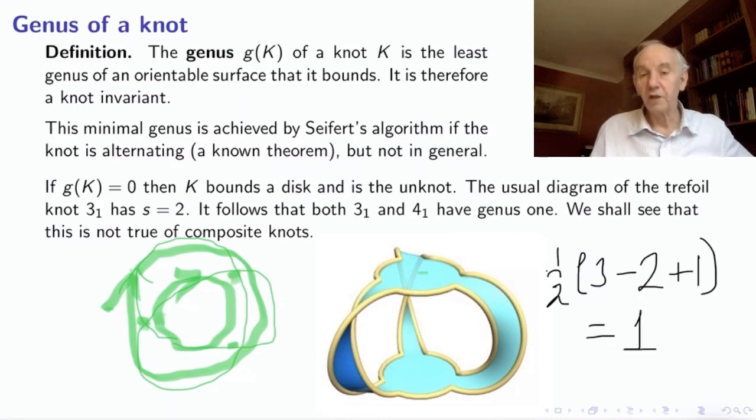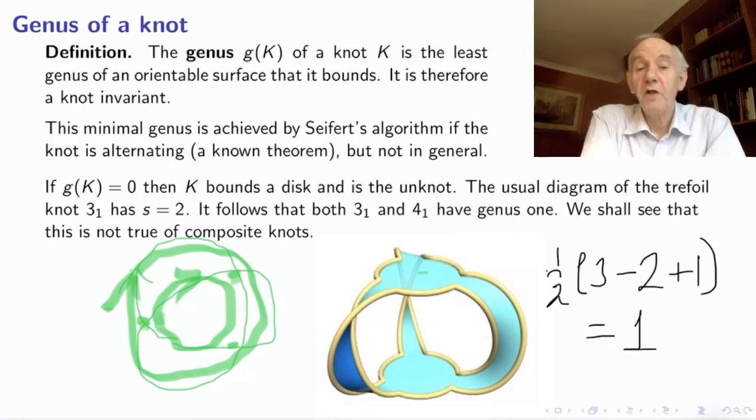So the genus is 1, which again tells you that we're dealing with the torus minus the disk.